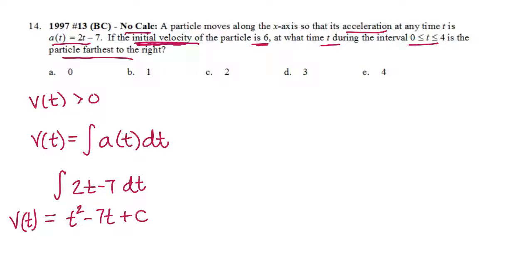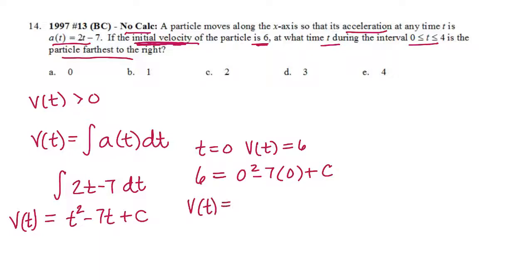And then we need to go back and plug in our conditions here. We know that when time is 0, the velocity is 6. So let's plug in here. That's going to give us 6 equals 0 squared minus 7 times 0 plus c. And so our c value is 6. So we know our velocity function is t squared minus 7t plus 6.